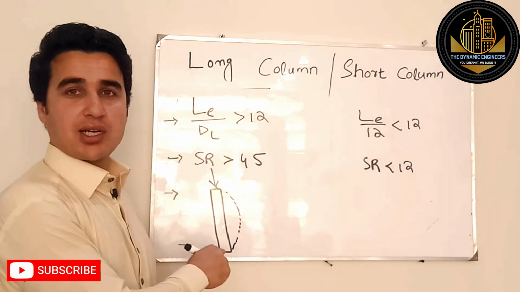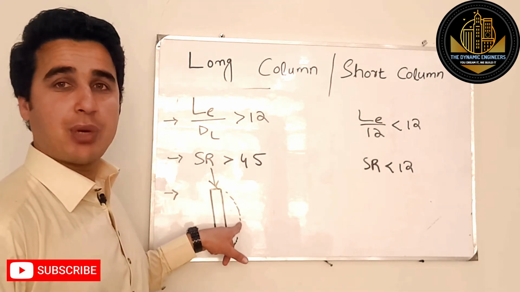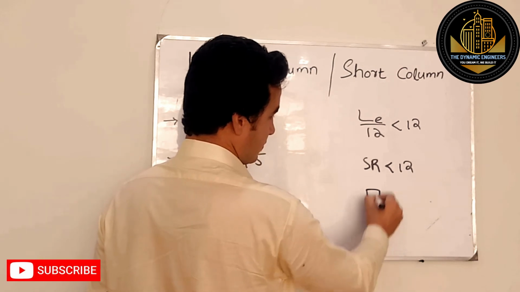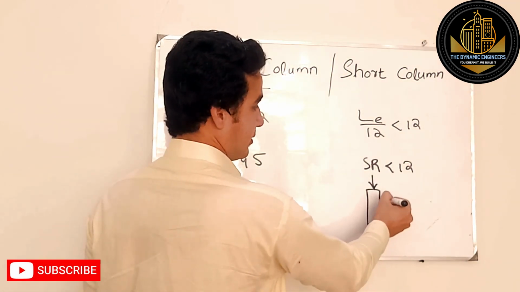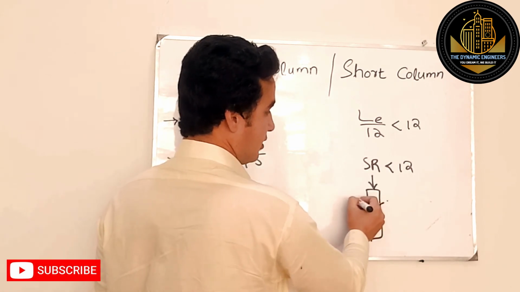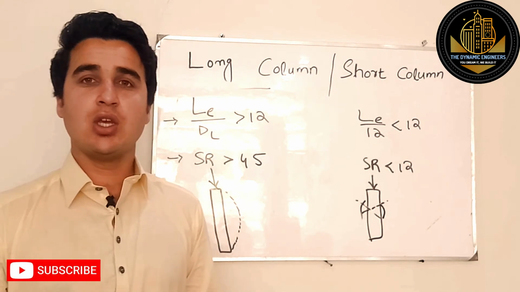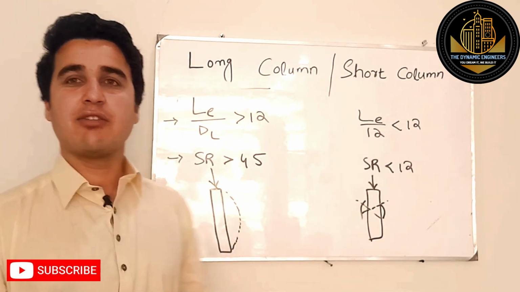This is what we call the buckling phenomenon. So a long column always fails in buckling, while short columns always fail in compression, somewhere like this or like this or like this. So all these failures are compression failures, while this is the buckling failure.